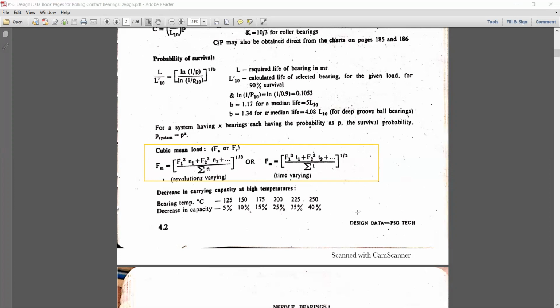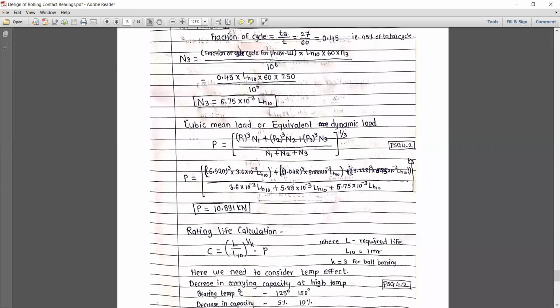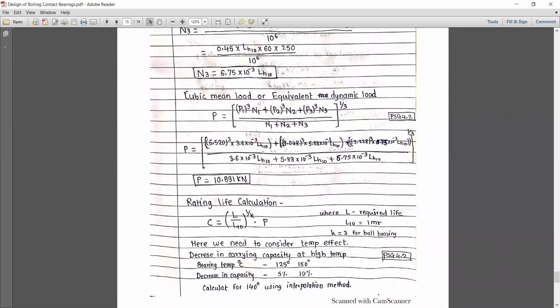We have to use the same equation for the calculation, which we have written in the problem in the form of P. Now putting in all the values, since the numerator and denominator have the same factor, LH10, it is eliminated directly.